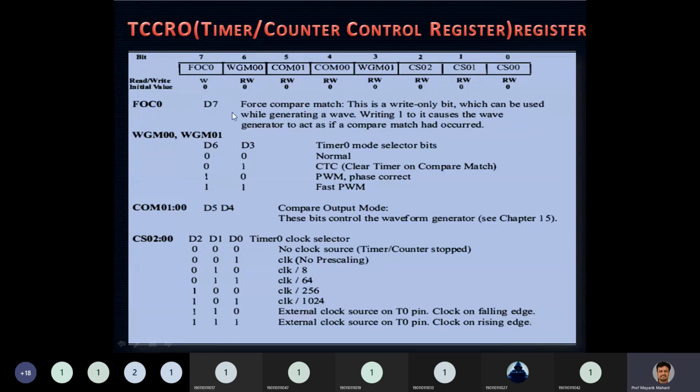Then FOC0 is for the force compare match, and it is used with COM0 and COM1. This is a write-only bit which can be used while generating a waveform. When we discuss waveform generation, PWM and so on, we will make things related to these flags clearer.